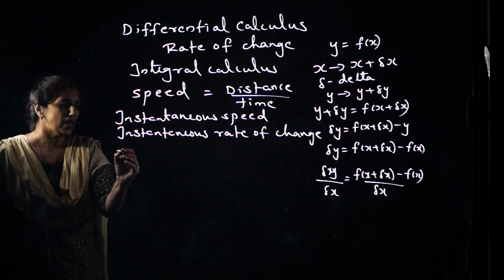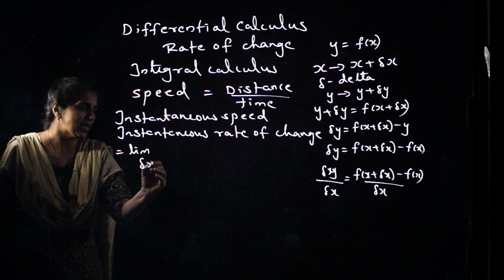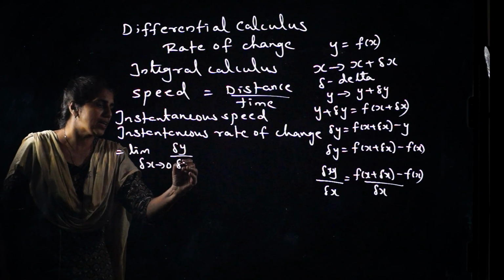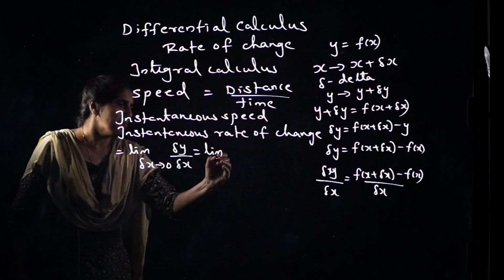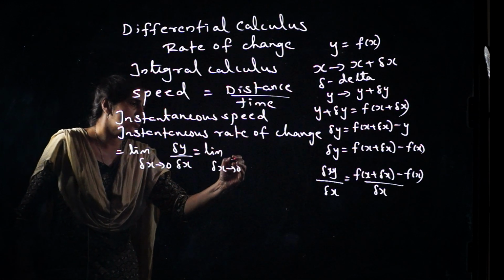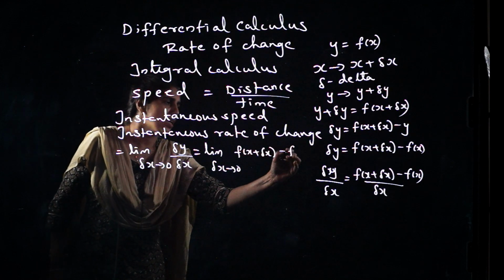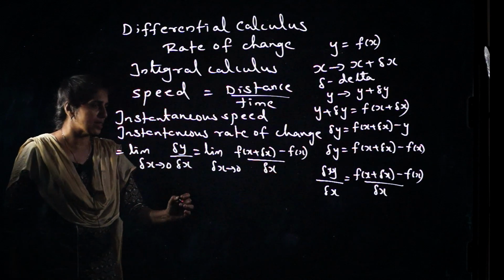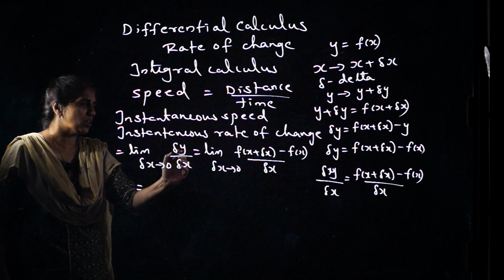That is, when limit delta x tends to 0, what happened to delta y upon delta x? That is equal to limit delta x tends to 0, f of x plus delta x minus f of x upon delta x. This is the instantaneous rate of change.